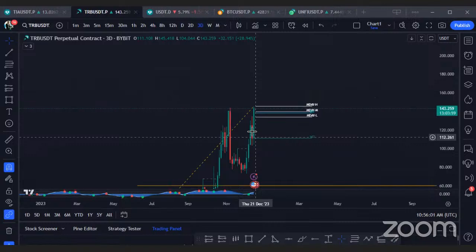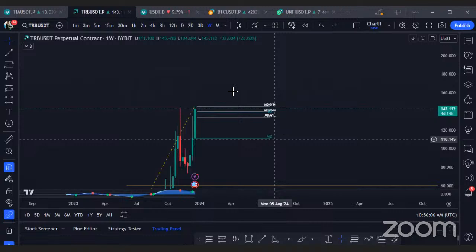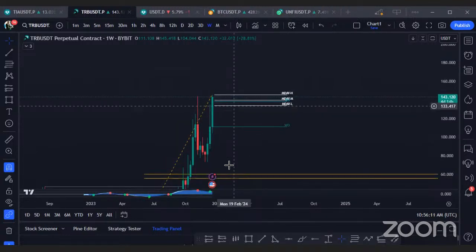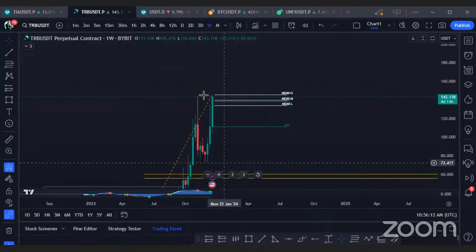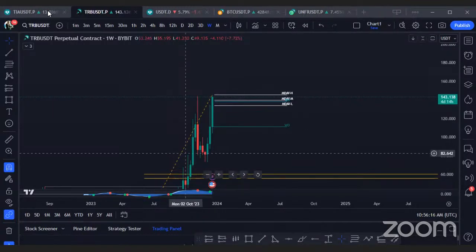I'll look at TRB and see where I can probably set a trade for limit orders, in case we have a dip. I'm just hoping that this thing will continue to grow, but in case we have a dip, I'll equally pick up trades. So that's basically what I'm looking at, guys.